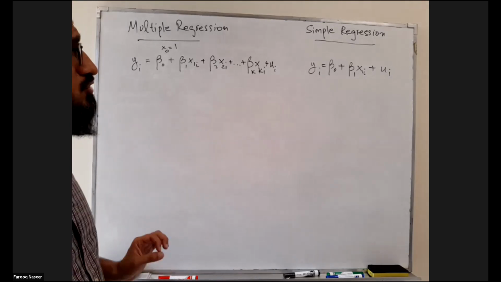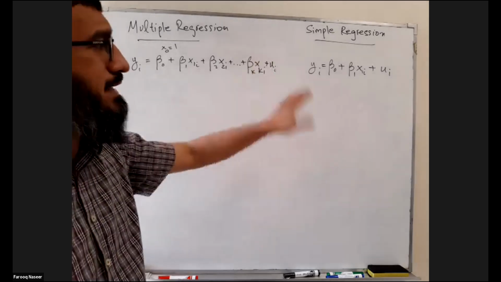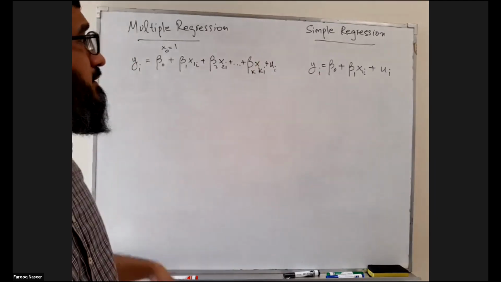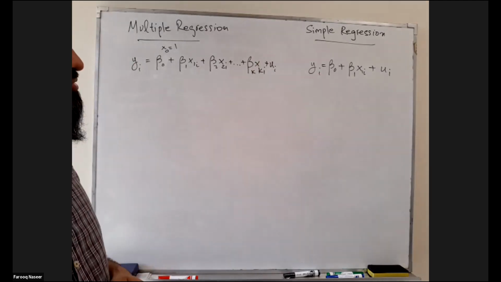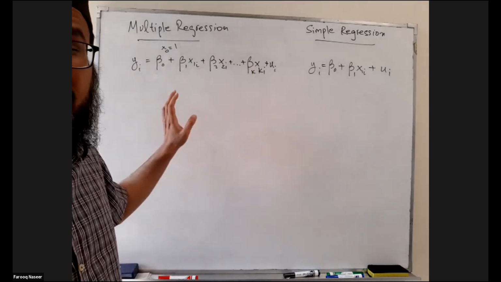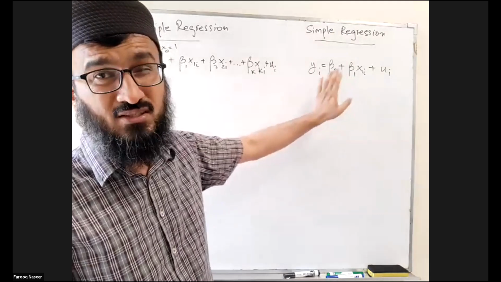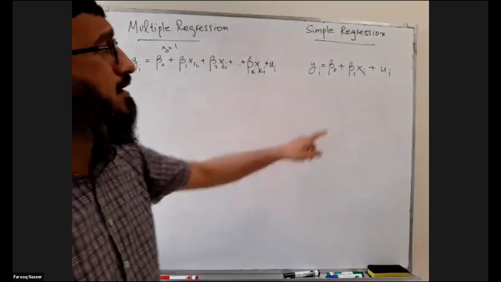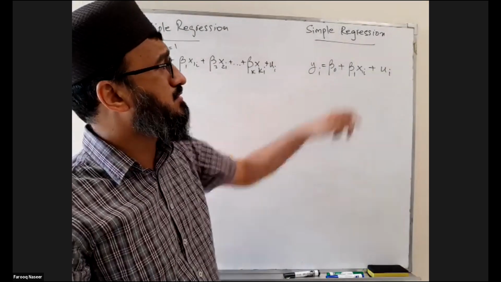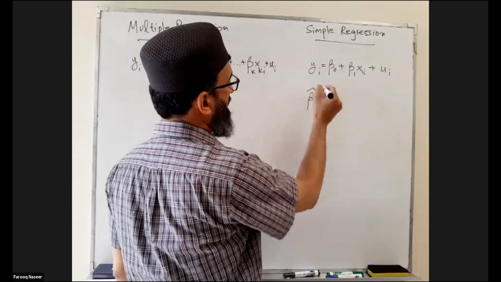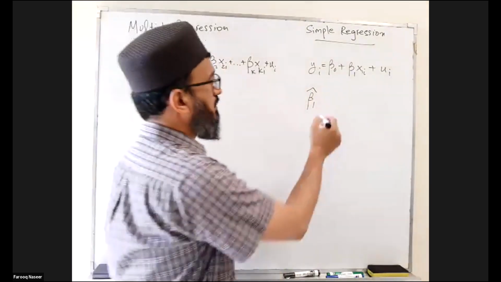So let me write down the formula on this side first, because we are familiar with it. And then I'll come back to this side. I'm going to just focus on the slope coefficient. Let's ignore the intercept for now. We are just going to focus on the slope coefficient formula. So the OLS estimator for beta 1 hat equals what?